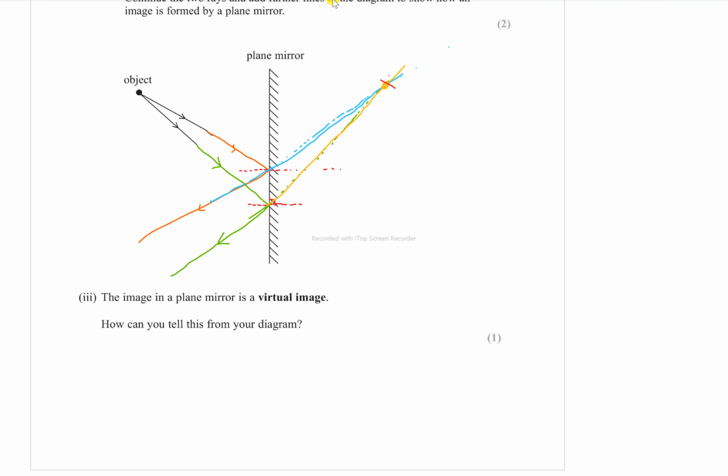Now, if I've done that accurately, look at this carefully. Can you see this distance here is going to be equal to this distance here, and that's where the image is. This is where the image is formed here, if that makes sense. Right, that's it.